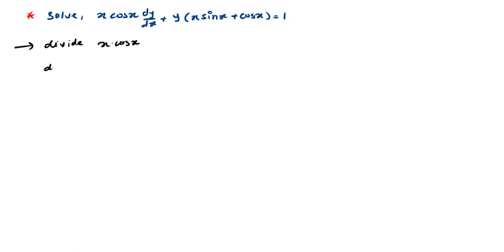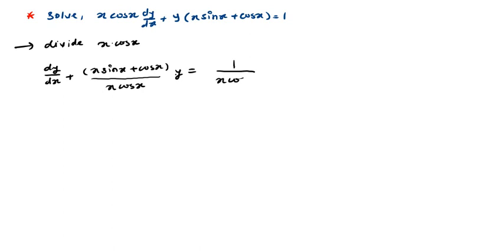So what we will get is dy by dx plus (x sin x plus cos x) upon x cos x into y is equal to 1 upon x cos x.